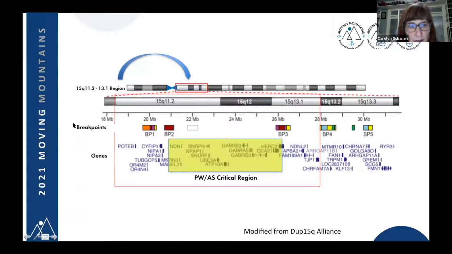And below that, the breakpoints are marked there in color. And those are similar to the things that Jessica was talking about earlier, where she was talking about the repetitive regions that occur on the genome that mediate rearrangements between chromosomes and within chromosomes.